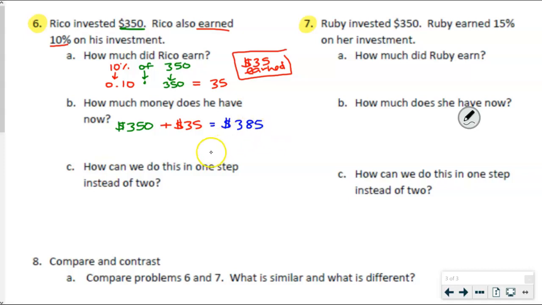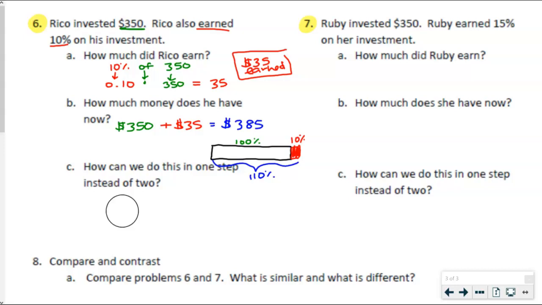Again, this is where that model really helps solidify. And again, my models are not perfect. They're not showing all of the details. I just want you to know this represents that 100%. But Rico earned 10% extra. So that 10% extra goes on in addition to that, which means the amount that I have now is 110%.